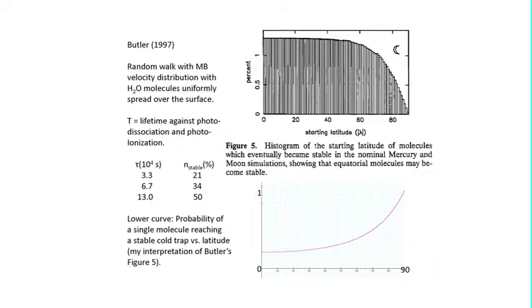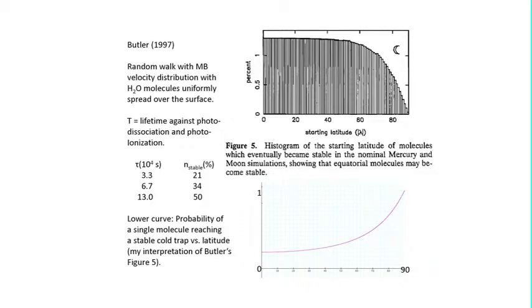There's a small amount of loss due to gravitational escape from the planet, but mostly it's photodissociation and ionization. Okay, and the particles were spread uniformly across the surface, and he just let it rip. And here's the percentages that make it into the cold traps.